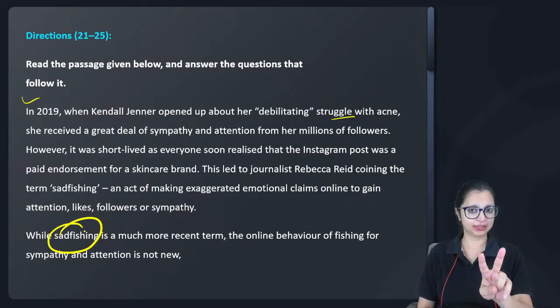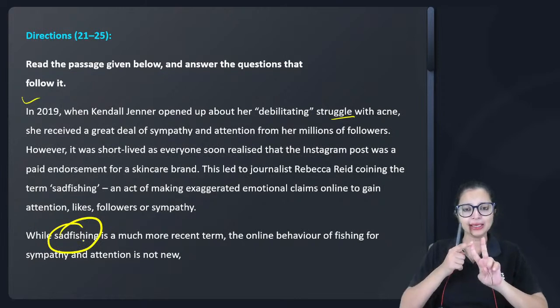दो चीजें यहां ध्यान देने वाली है. I might want attention because I'm sad. But वो genuine attention हो सकता है. I might be depressed. I need help. I don't have anyone to talk to. I express this on social media and I get help. ये भी sad fishing है.